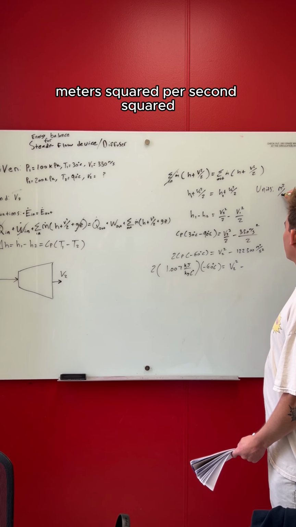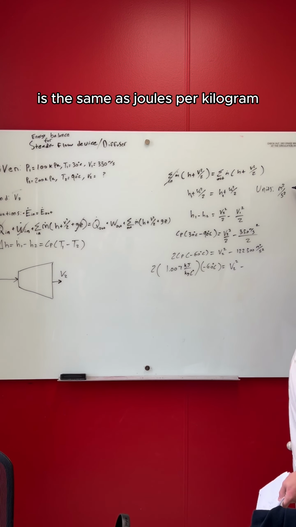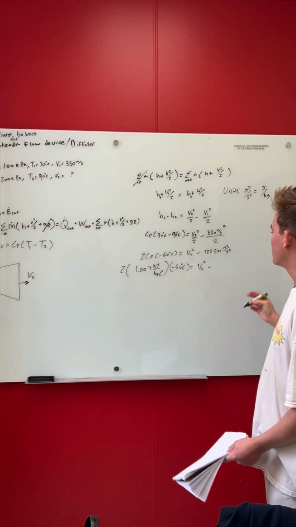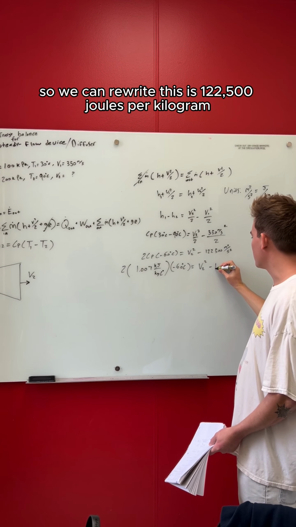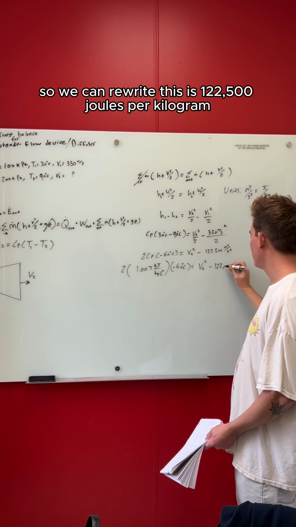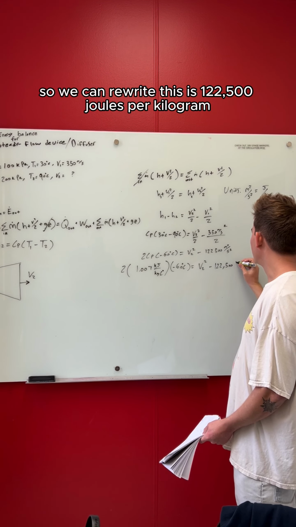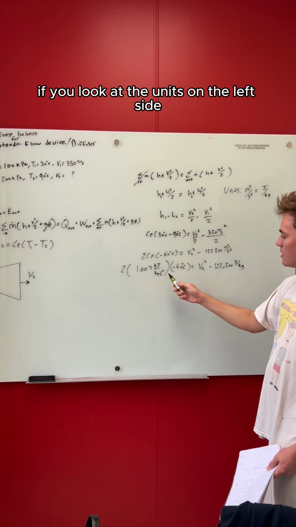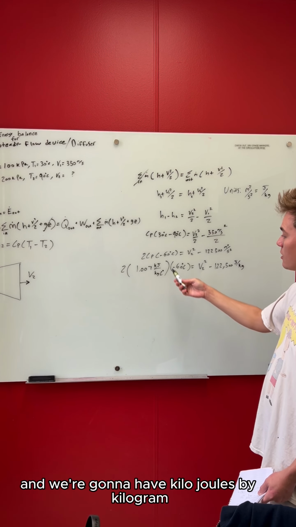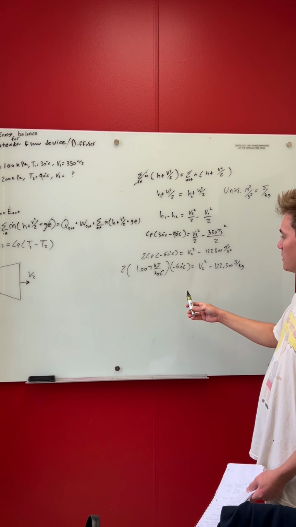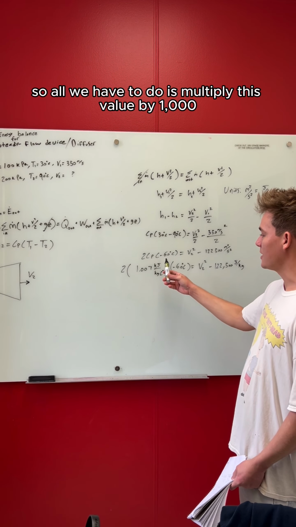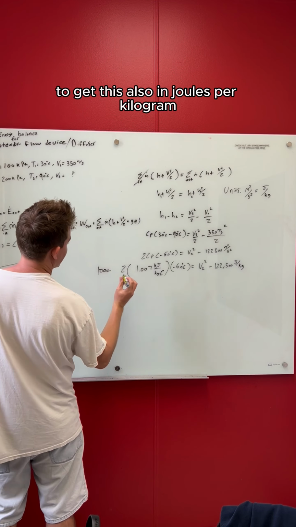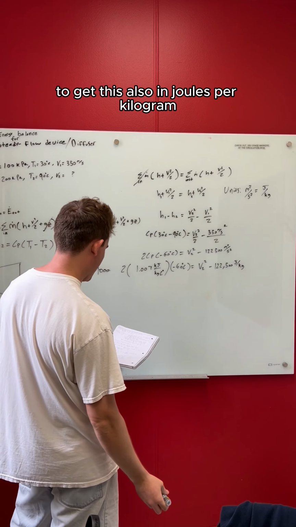Meters squared per second squared is the same as joules per kilogram. If we look at the units on the left side, our Celsius is going to cancel out and we're going to have kilojoules per kilogram. So all we have to do is multiply this value by 1,000 to get it also in joules per kilogram.